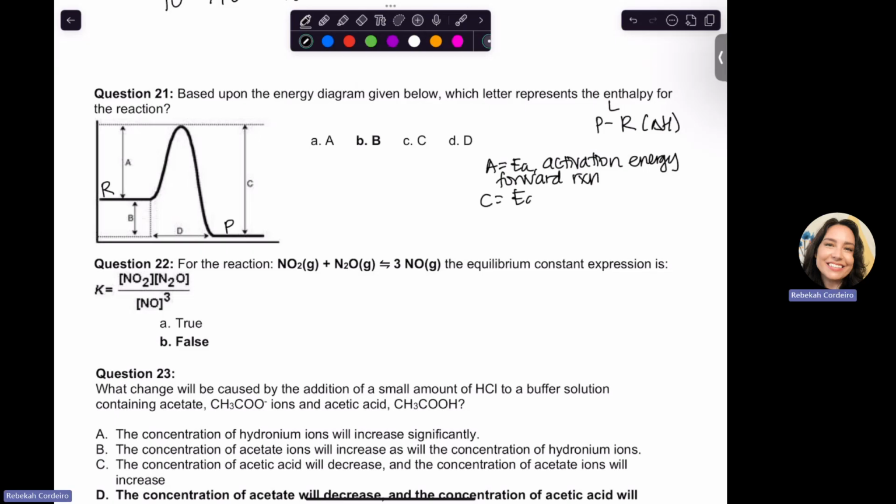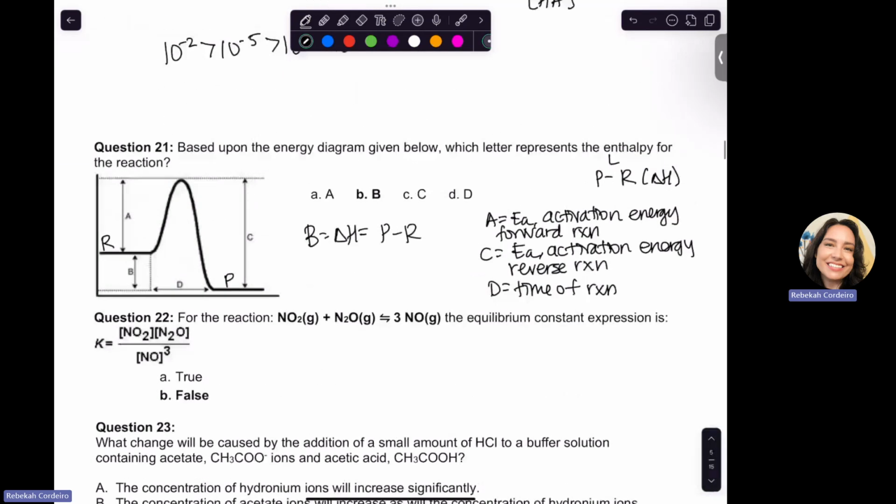C would be the activation energy for the reverse reaction, because it would be how much I need to put in to get up the hill if I went in reverse. And D is nothing. I mean, D is maybe like time of reaction. Nothing that we've really talked about. So B is your enthalpy, which is your products minus reactants in the forward direction.